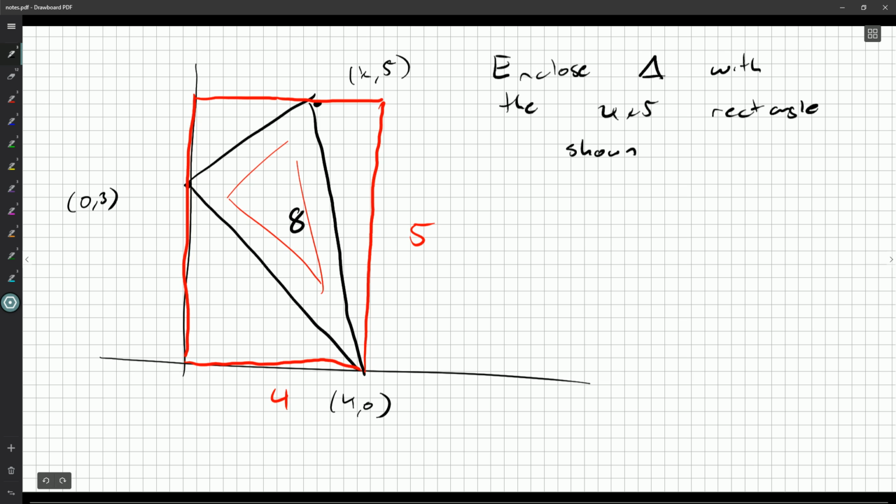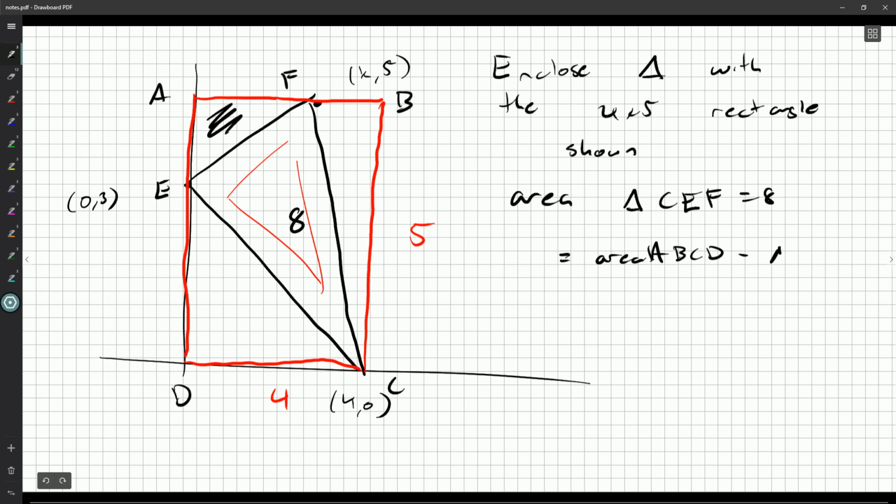Or you could probably say things like, we'll let this be A, B, C, D, E, and F. Then you could say something like area of triangle CEF is 8, but it's also the area of the rectangle ABCD minus this triangle up here, AEF, minus the triangle over here, BCF, minus CDE.